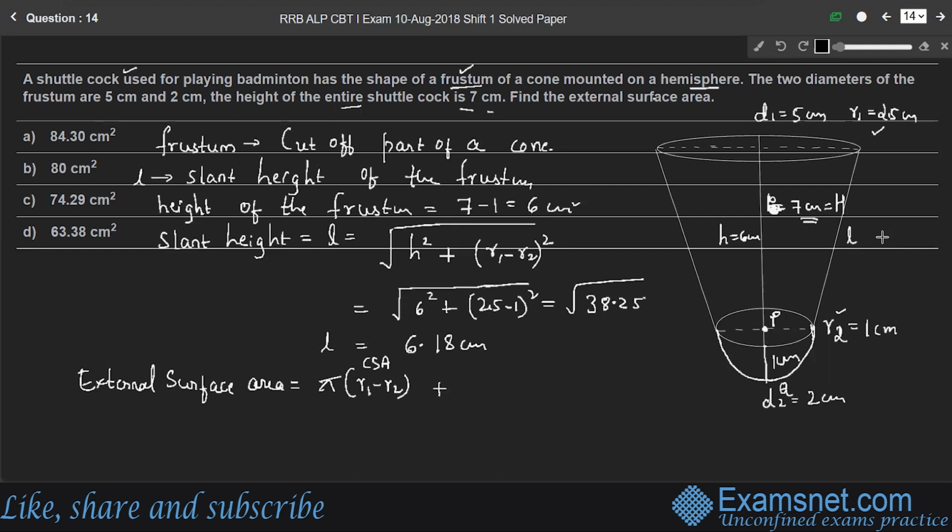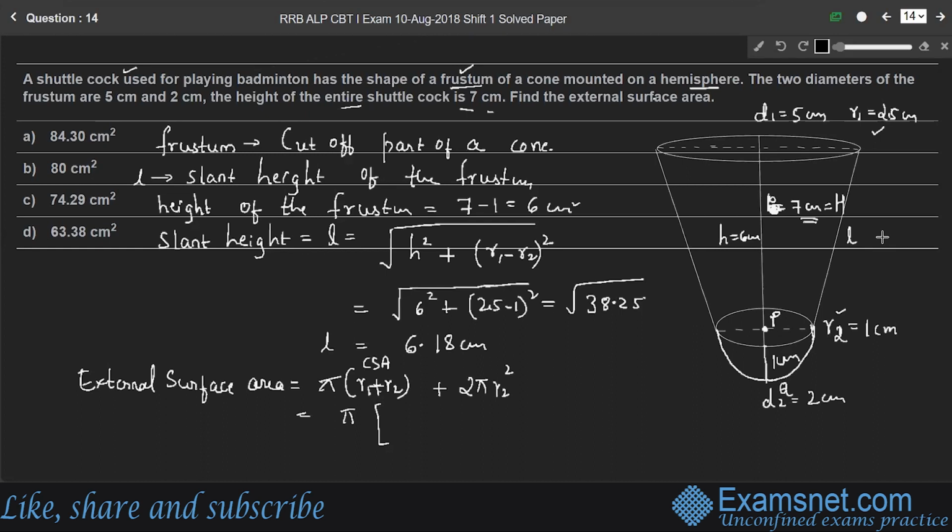The surface area of the hemisphere is 2 pi R2 square, right? So pi can be taken outside. Students, it's actually R1 plus R2, sorry, pi into R1 plus R2 into L plus 2 pi R2 square.